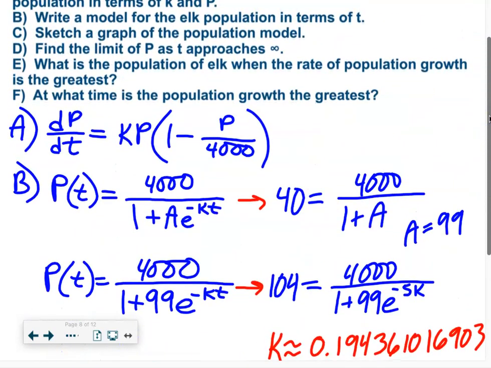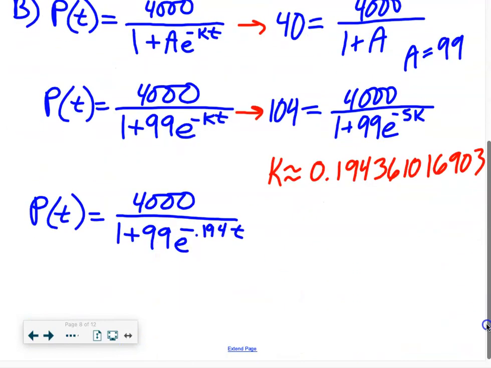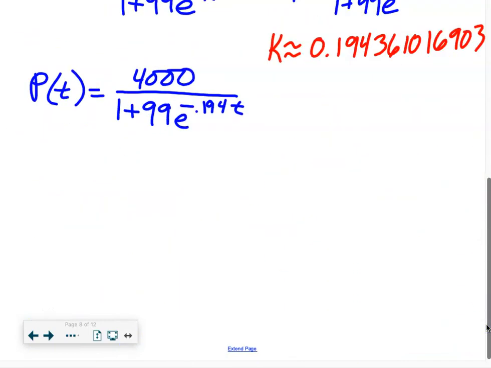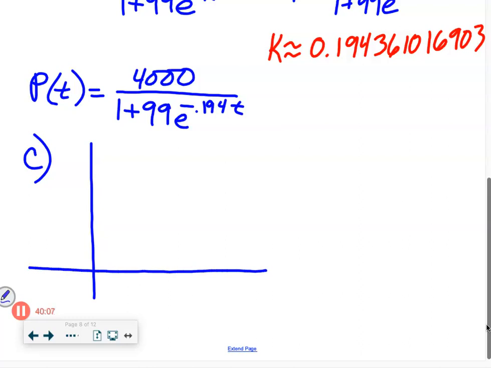Okay, so we've done part A and part B. Part C, I'm going to walk you through this. Sketch a graph of the population model. This is as deep as you need to go for part C. Whenever I have to sketch a logistic model, here's what I do. I'm going to erase stuff, so if you're copying, just know you're going to need an eraser. Okay.